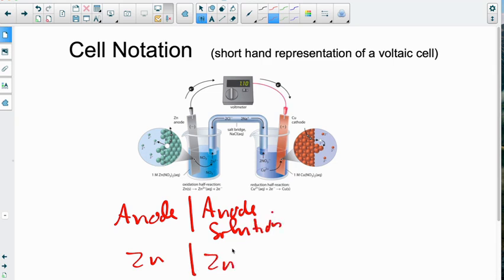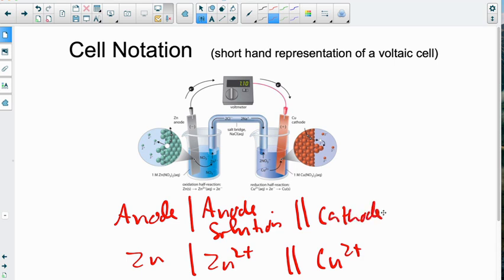Now you can put zinc sulfate, or you can just put zinc 2 plus, and that's good. Then this will be separated by the salt bridge, and the salt bridge is shown with 2 lines. So that's your salt bridge right there, and then followed by the cathode solution, which in this case will be copper 2 plus.